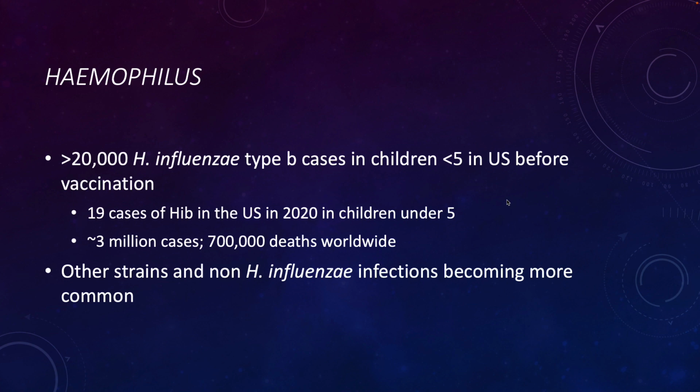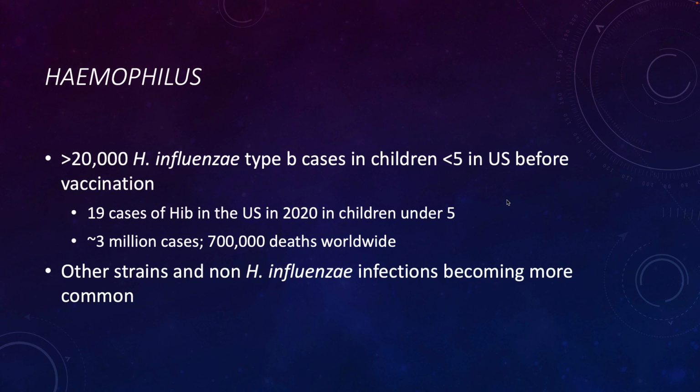Worldwide, there were an estimated 3 million cases of Haemophilus influenzae type B that caused 700,000 deaths. So this is a really dangerous infection, which is why scientists did their best to develop a vaccine.